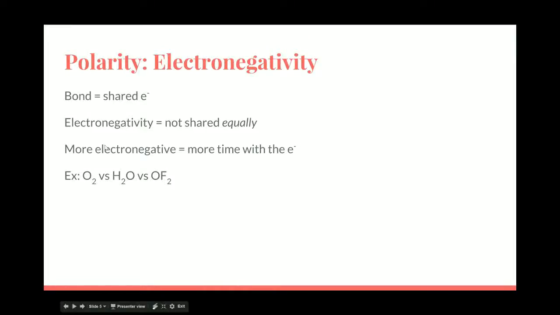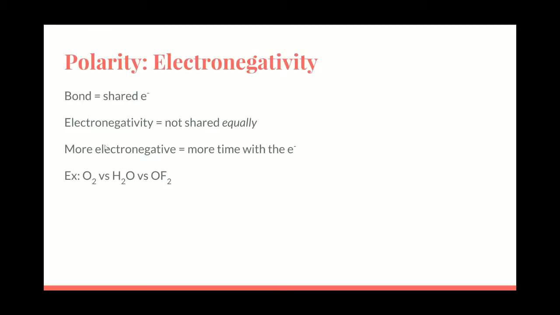Okay, so, polarity. We've already talked about electronegativity, and we've talked about bonds. Well, a bond is a shared pair of electrons, two electrons that are shared between two atoms. Electronegativity means that each of those atoms wants the electrons, but we already know that electronegativity isn't equal between different elements.